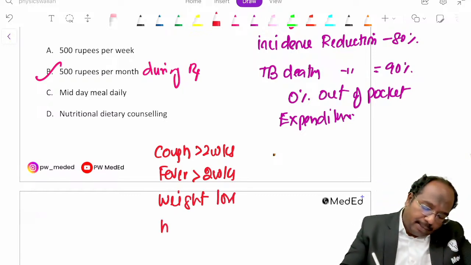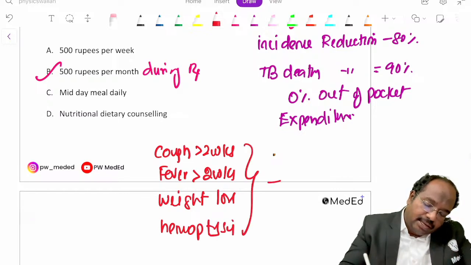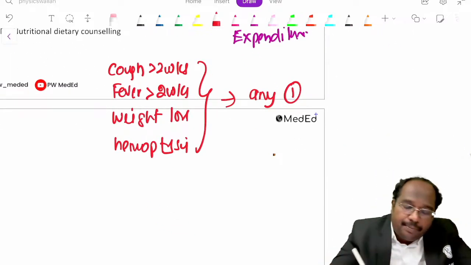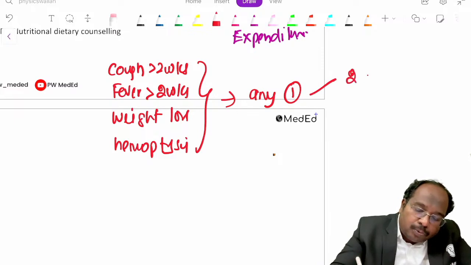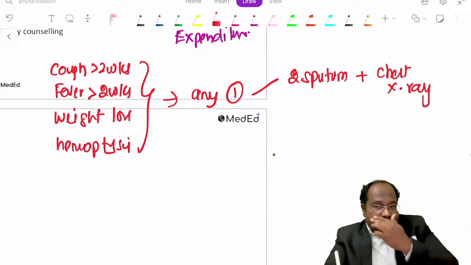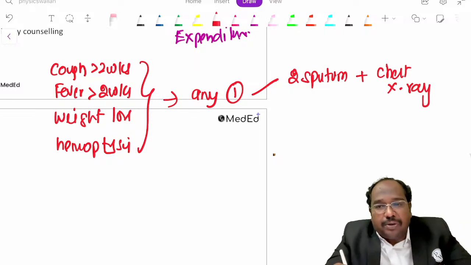Yes, hemoptysis or any abnormality in chest x-ray. If any one is there, you have to rule out TB, guys. You collect 2 sputum samples. Mandatorily you have to do chest x-ray now. 2 sputum smears you have to do.